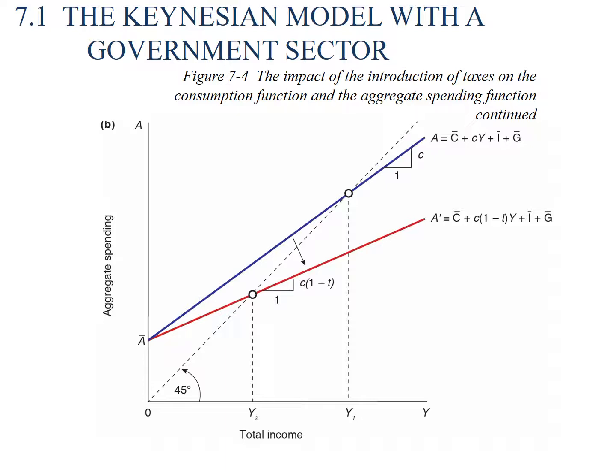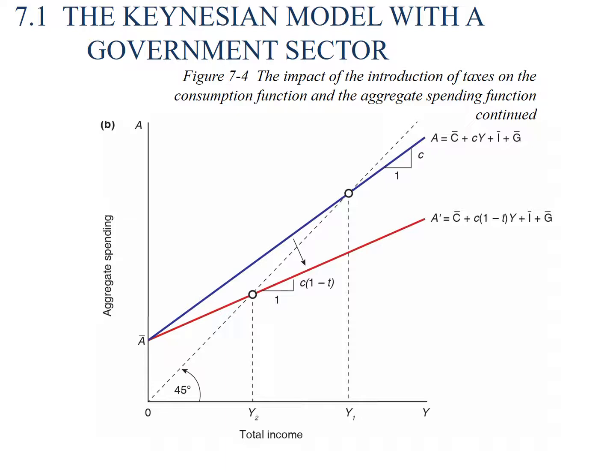The consumption function therefore becomes flatter, as indicated by the new consumption function, which is now equal to C bar plus C(1 minus t) multiplied by Y. The slope of the aggregate spending function in our figure is equal to the slope of the consumption function, before and after the introduction of taxes, at every level of income.